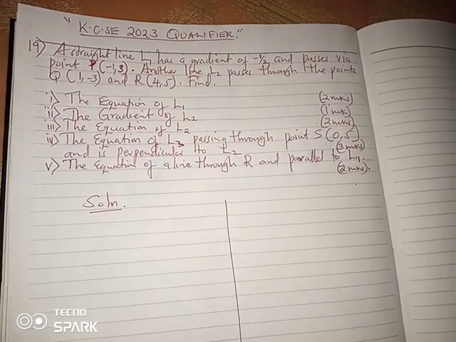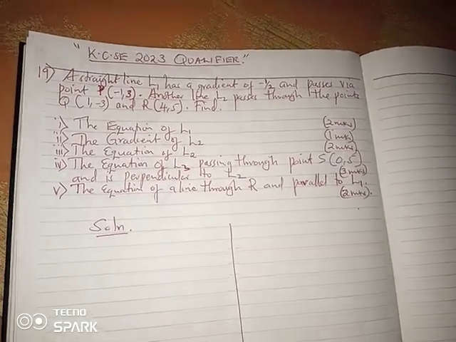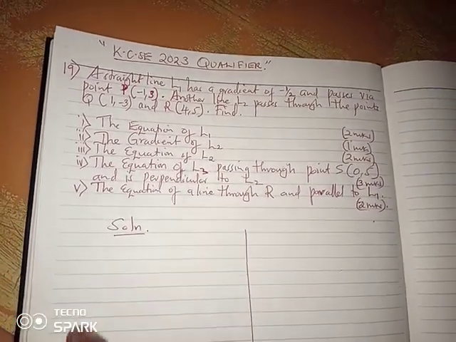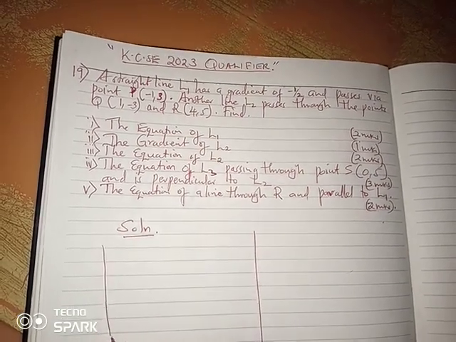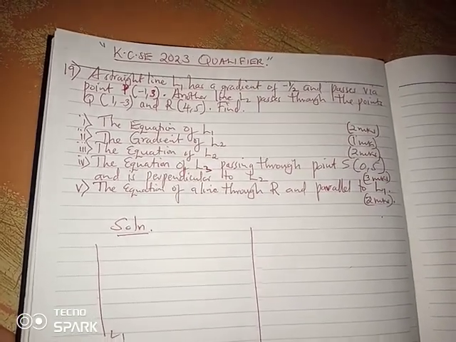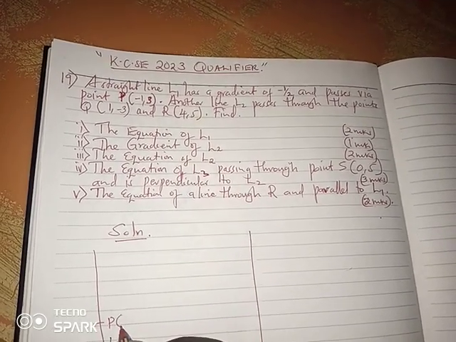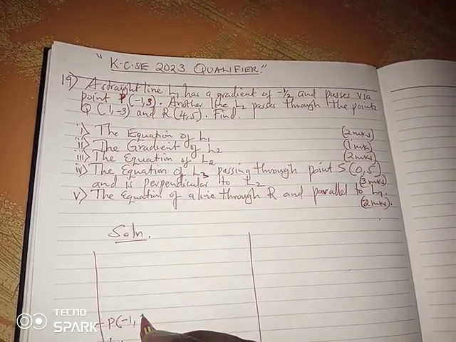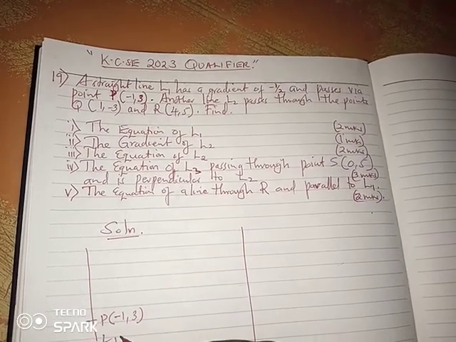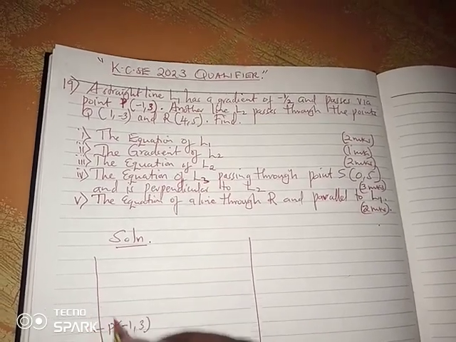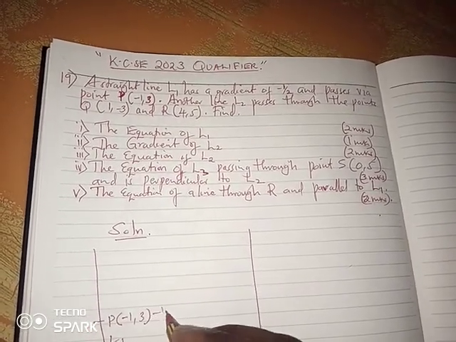So let's see how we go through it. I'll just use a rough diagram. This is my L1, and L1 passes through a point P with coordinates (-1, 3), and it has a gradient of negative a half.